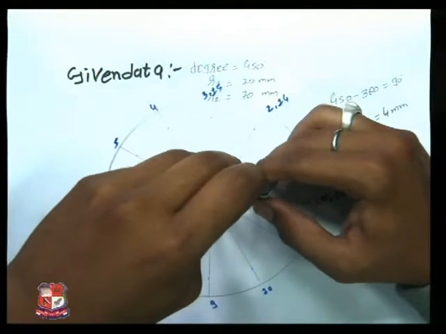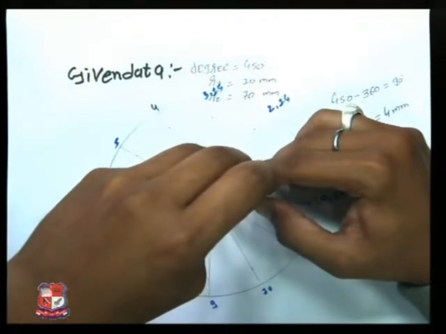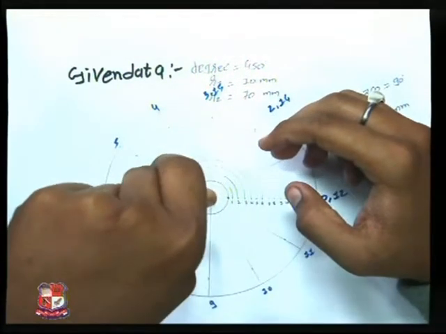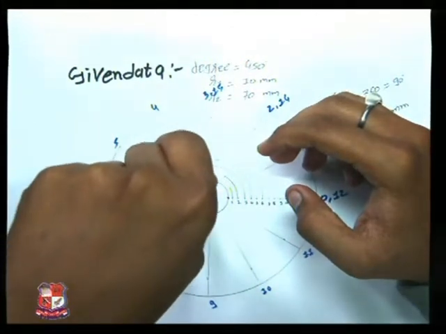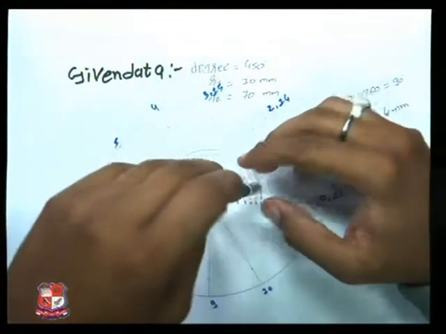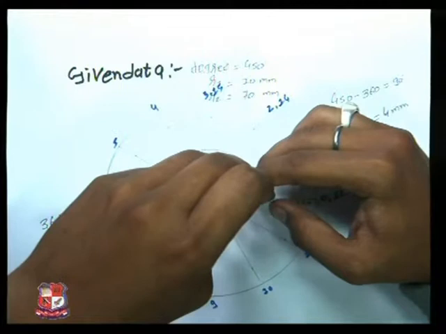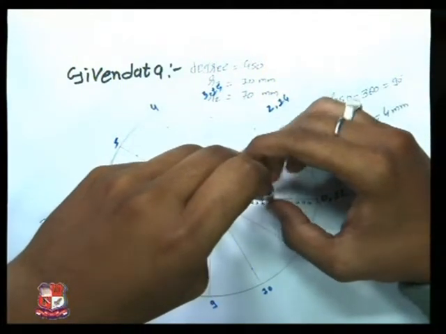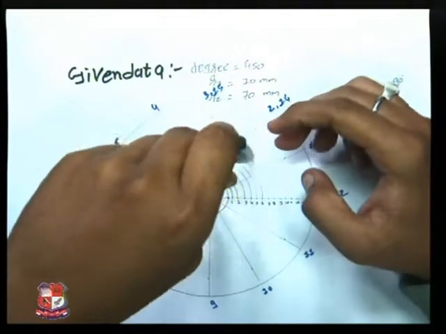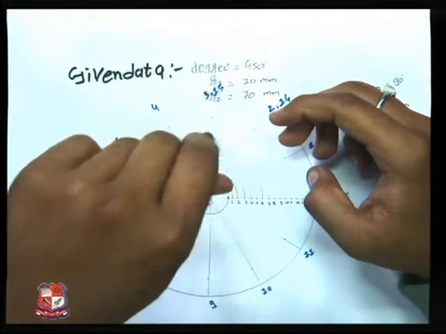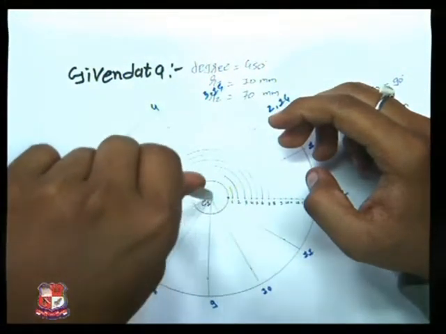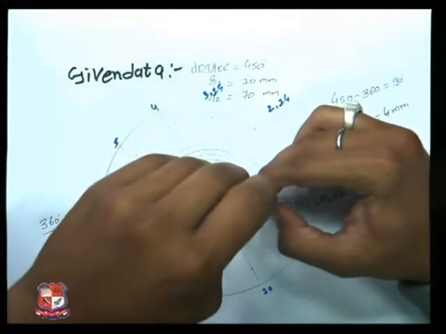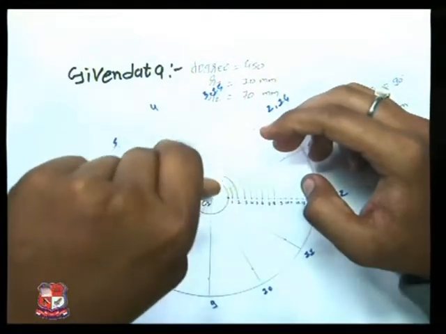C1 to 5, till the fifth line. C1 to 6, almost a 120 degree arc. C1 to 7, till 7. C1 to 8.